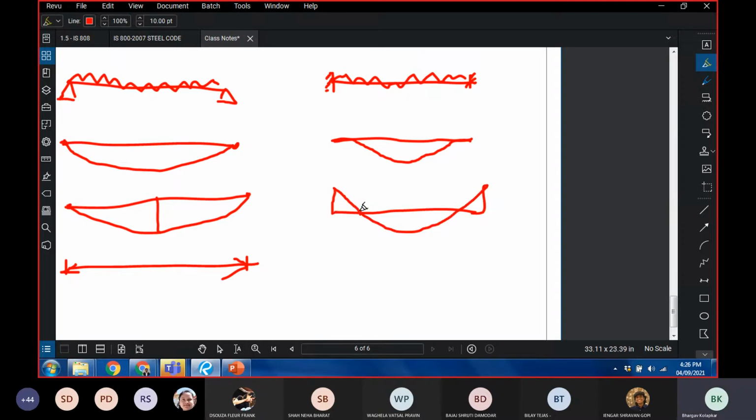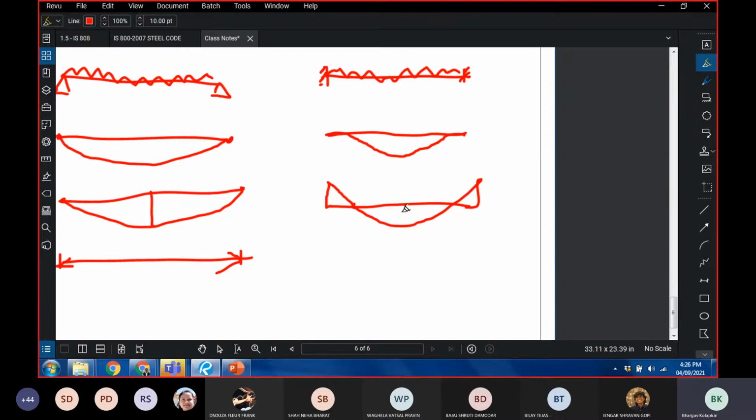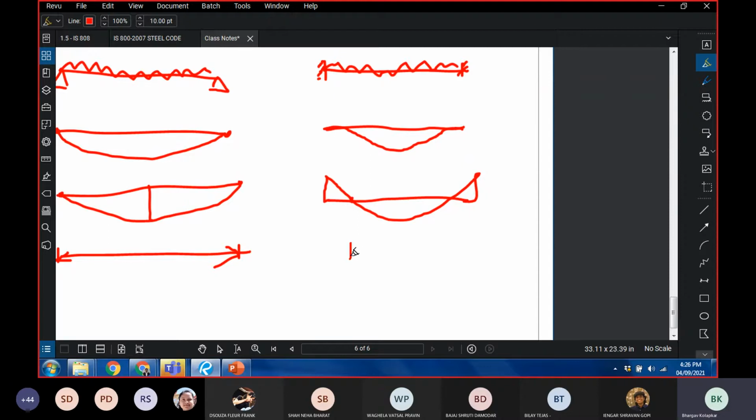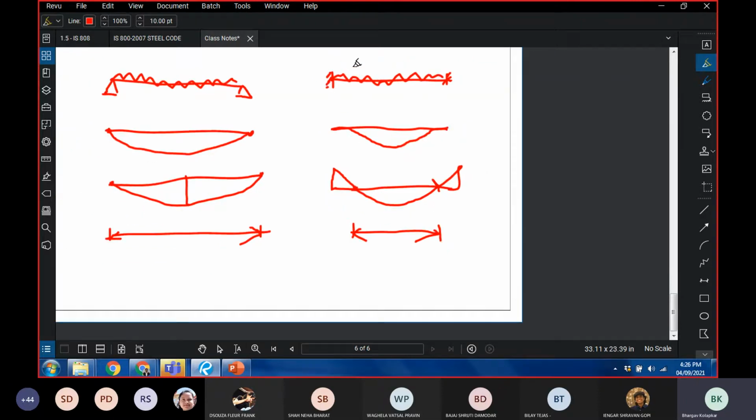Okay, so up to this point, there's a hogging moment, then there's sagging moment, and there's hogging moment. So for such a support, this is our effective length, the length between points of inflection. So as we change the support conditions, the points of inflection shift their position.